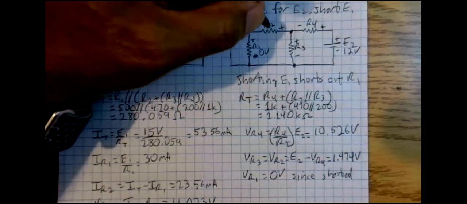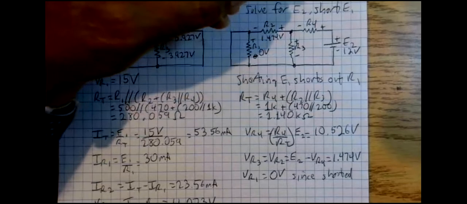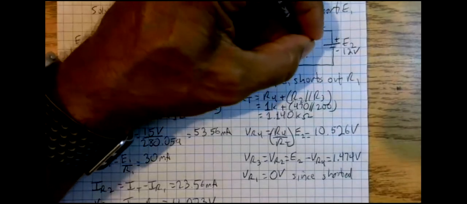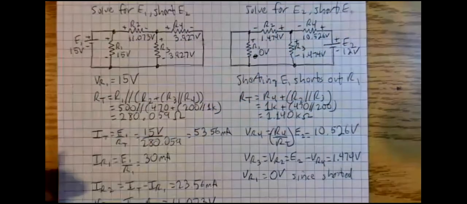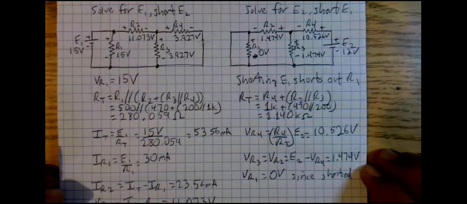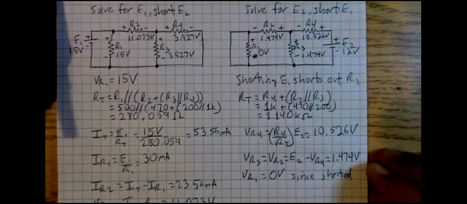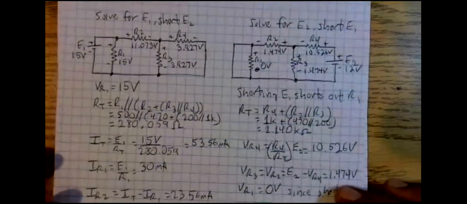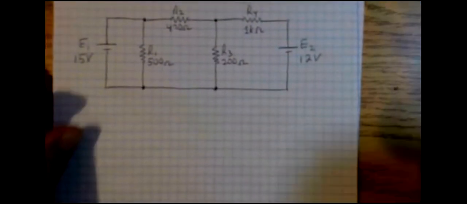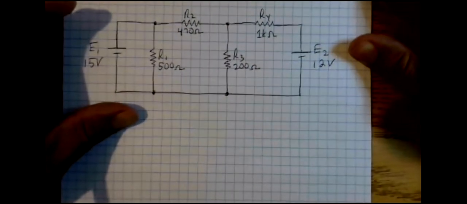VR2 and VR3 are 1.474 volts, 1.474 volts, and VR4 is 10.526 volts. Okay, so we have that there. So what do we do now? Now we need to take those values and put them back into our circuit.